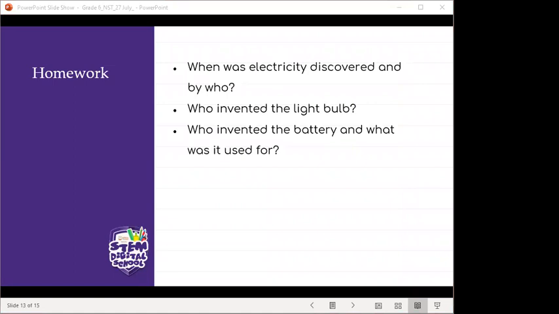Who discovered electricity and when was it discovered? The next question is, who invented the light bulb? And the third question is, who invented the battery and what was it used for the first time it was invented?